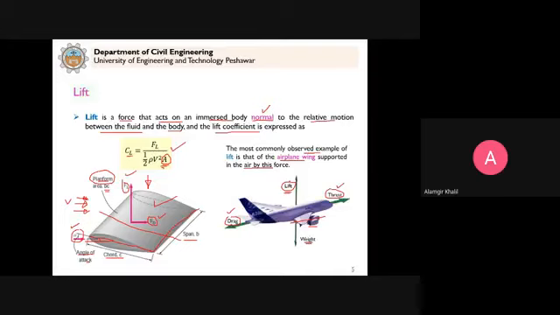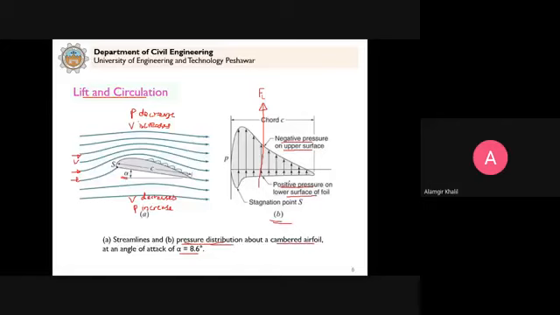Now the next question is why the velocity increases at the top surface and decreases at the bottom surface. Now we come to explain why this happens, which gives rise to this pressure distribution diagram, and results in this net upward force acting on this body.